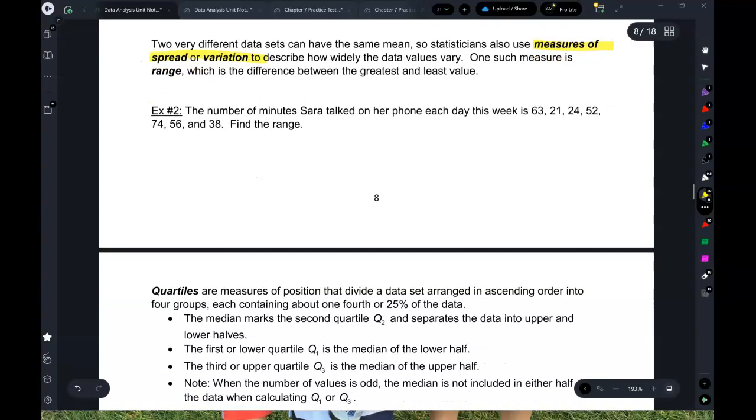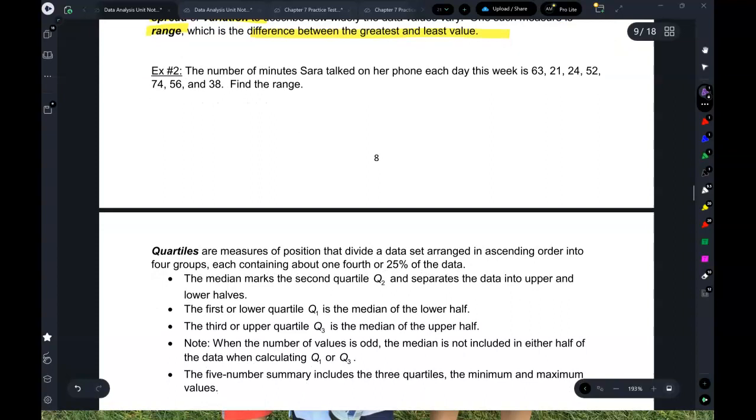One such measure is range, which is again very straightforward. It's the difference between the greatest and the least value. So the number of minutes Sarah talked on her phone each day this week is all of these. One day she talked 63, another day she talked 21, 74. She must not have had any homework on the day she spoke for 74 minutes.